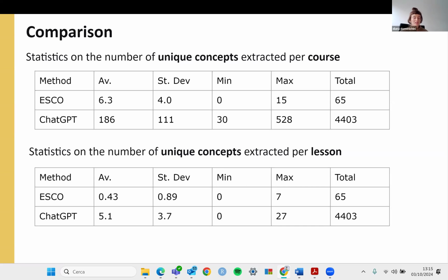Okay, at first glance, we see that the concepts extracted with the ChatGPT prompt engineering method are way more.